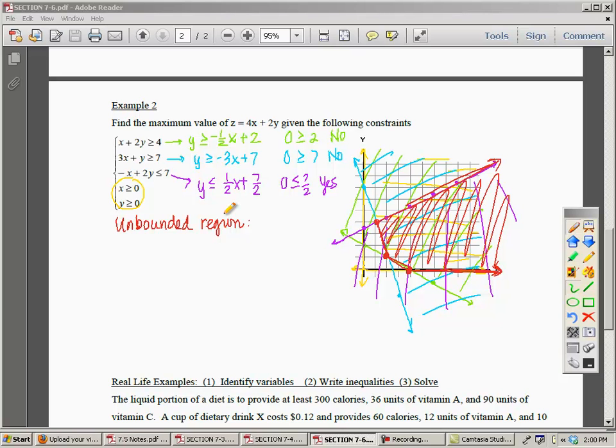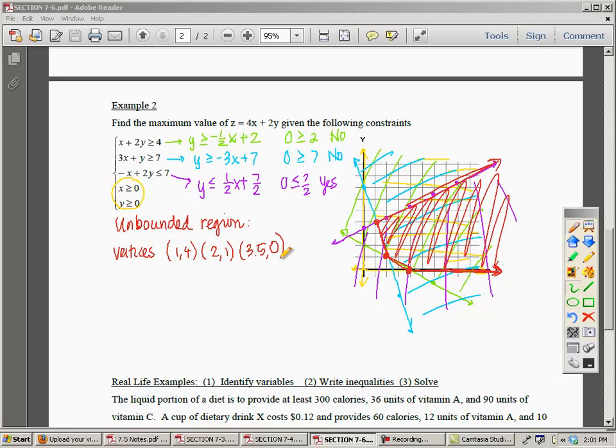We know that we have vertices at these following points: 1, 4, 2, 1, and 3.5, 0.